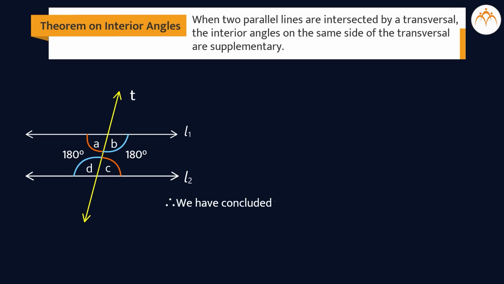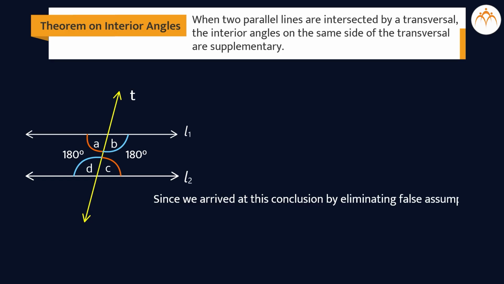Therefore, we have concluded that the possibility the sum angle A plus angle D is equal to 180 degrees is true. Since we have arrived at this conclusion by eliminating false assumptions, this is known as the indirect proof. Now, based on this theorem, we will prove the theorem of corresponding angles and the theorem of alternate angles.